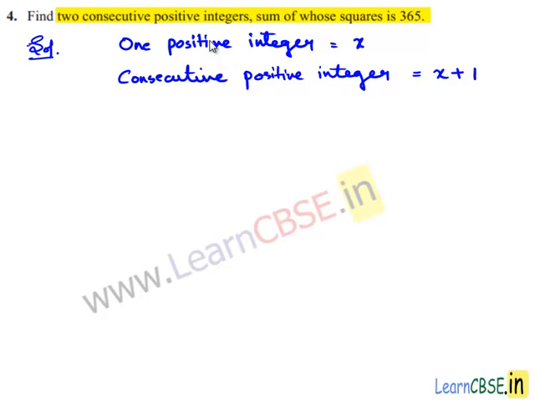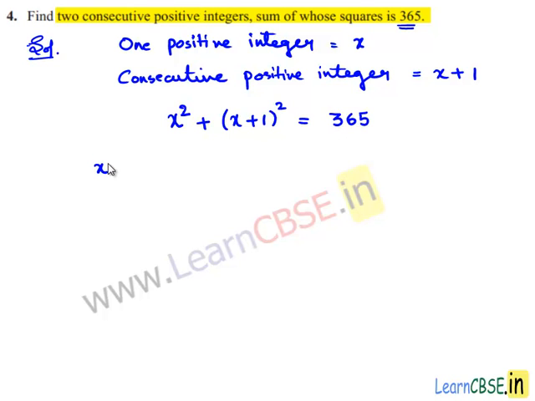According to the given condition, the sum of the squares of the two consecutive positive numbers is 365. So the square of the first positive integer is x square and the square of the consecutive positive integer is (x plus 1) whole square. So this is given as 365.